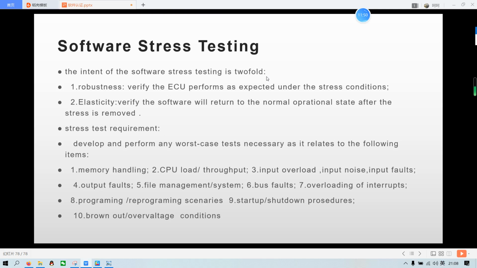Four, supplier should notify the OEM expert of the software stress test schedule within the template and provide regular updates of its status. Five, supplier shall complete a round of stress testing before every bench MRD.